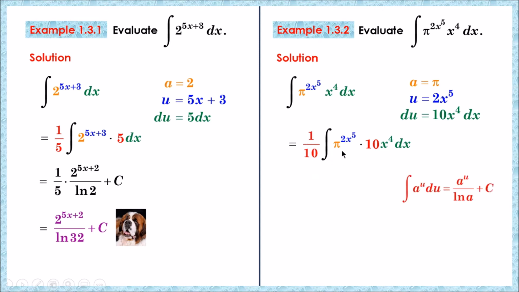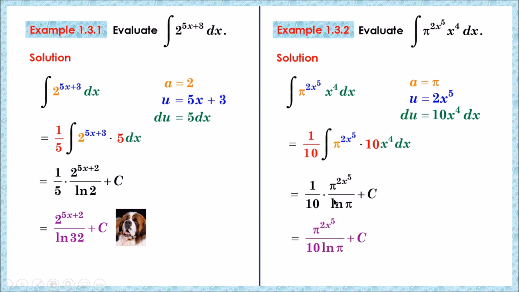So this integral now takes the form of the integral of a to the u du. So the integral is equal to pi to the 2x to the 5th over ln pi times 1 over 10 plus c. Simplifying, we have pi to the 2x to the 5th over 10 ln pi plus c.